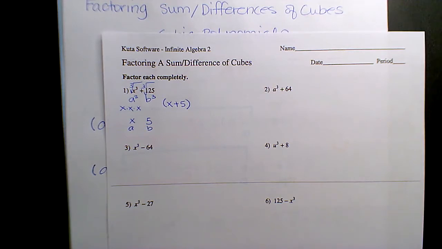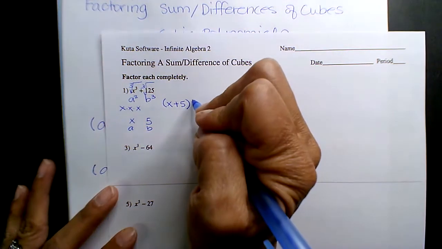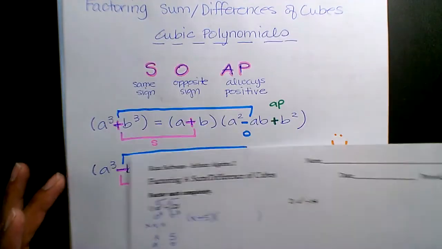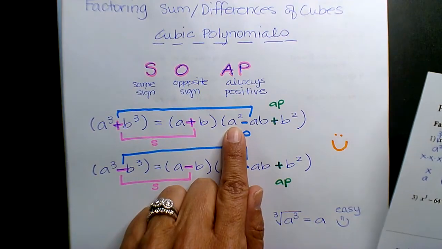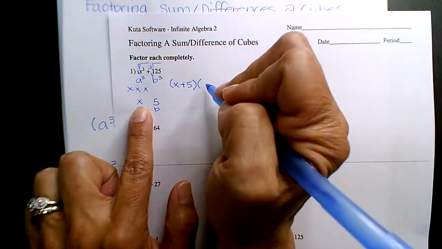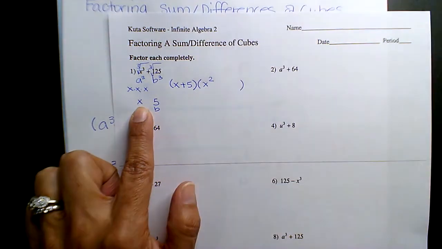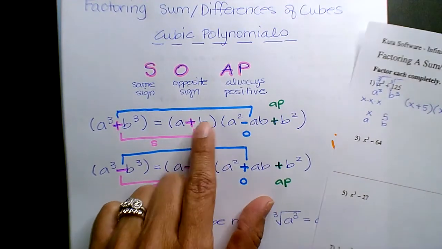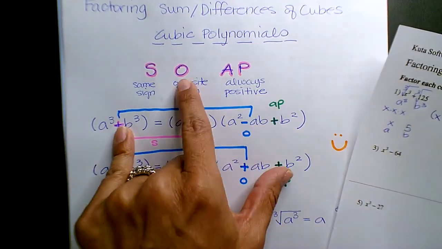Okay, now for my quadratic root. What is a squared? Well, if a is x, what is x squared? X squared. The next sign, you go opposite the sign.